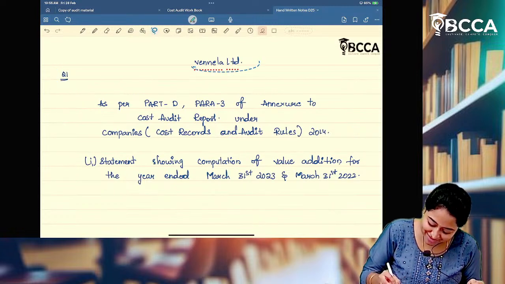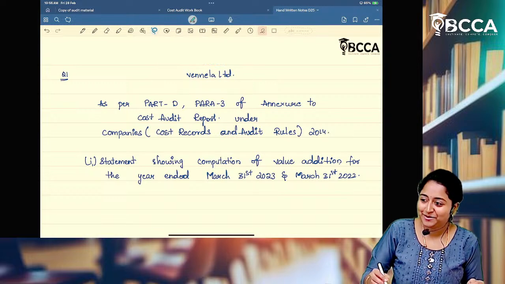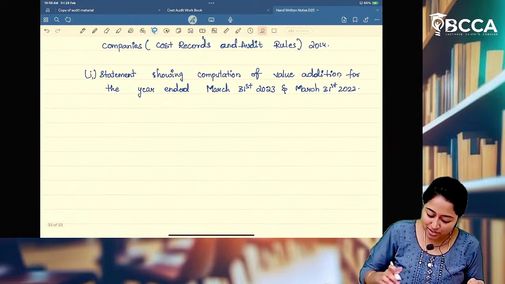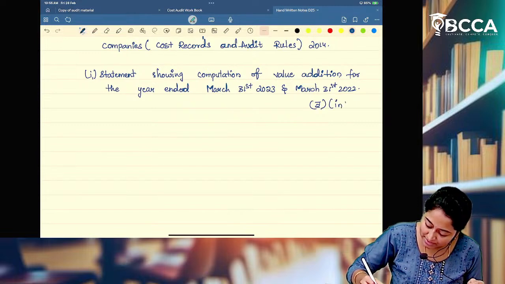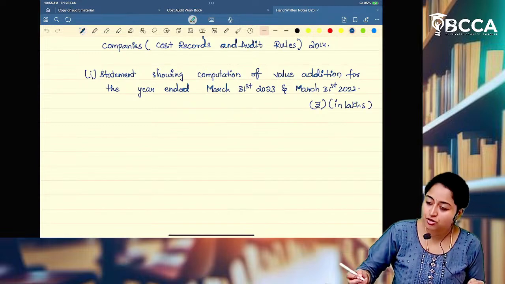I can adjust. Okay. So, this is how you will write. And rupees is given in lakhs. This is also important.